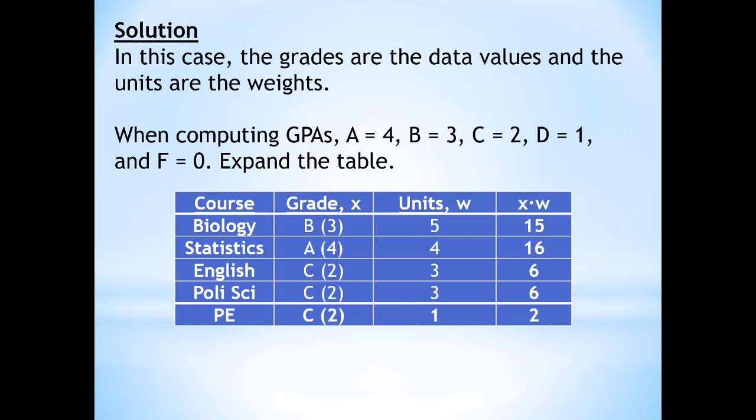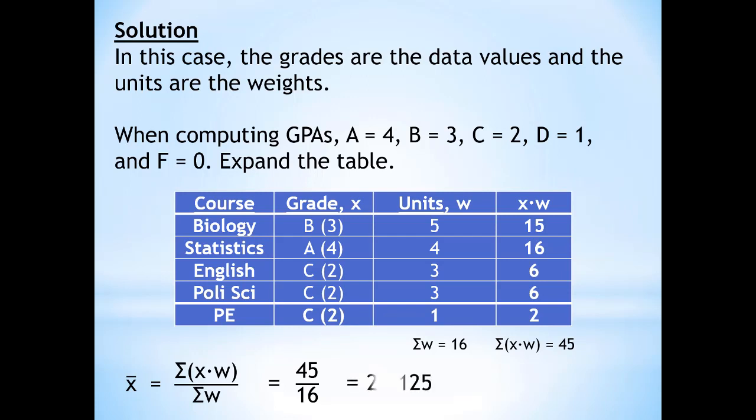When we add up the weights, we see that we were taking 16 units this semester. The x times w's add up to 45. We're going to use our formula that says take the sum of the x times w's and divide by the sum of the w's, which is 45 divided by 16, and that is 2.8125. That would be your GPA for this semester.